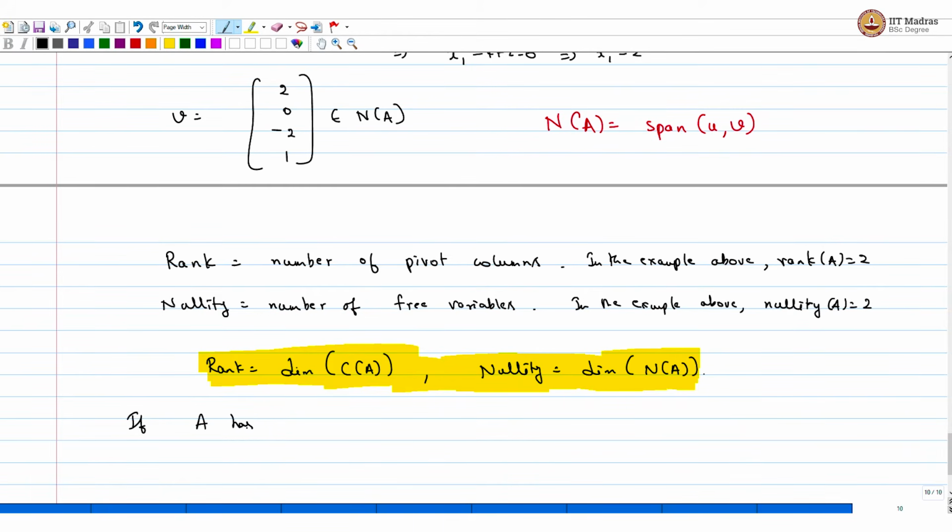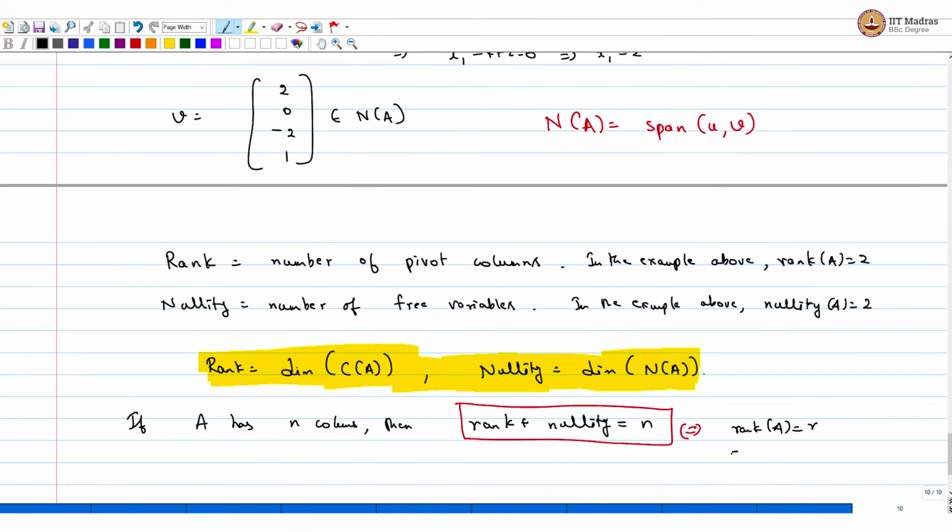If A has n columns, then rank plus nullity equals n. Which is equivalent to saying that if rank of A equals r, then nullity of A equals n minus r.